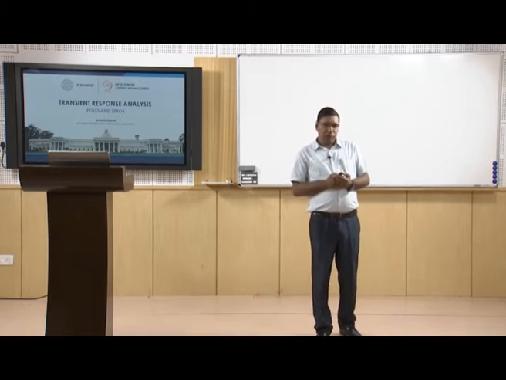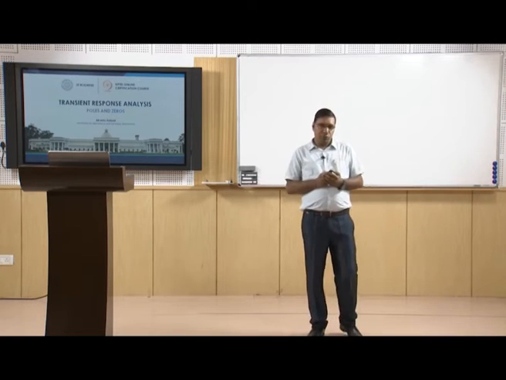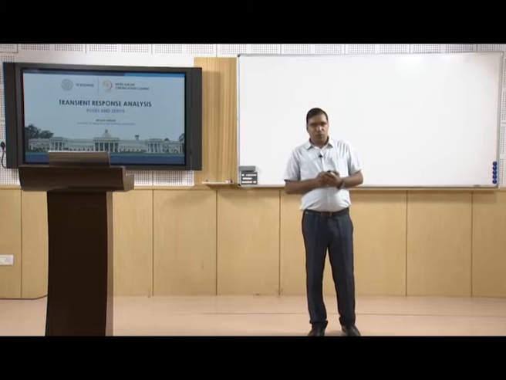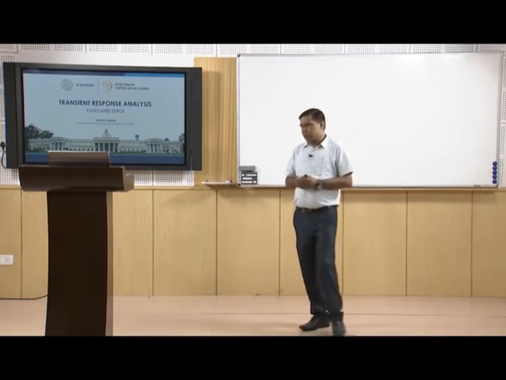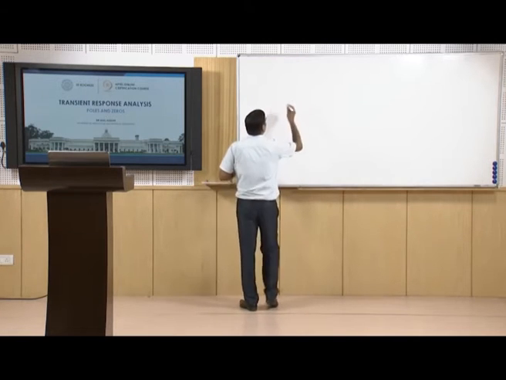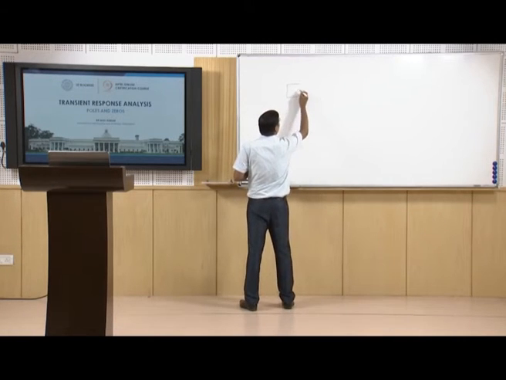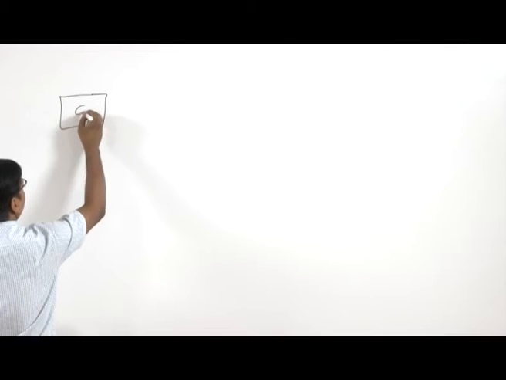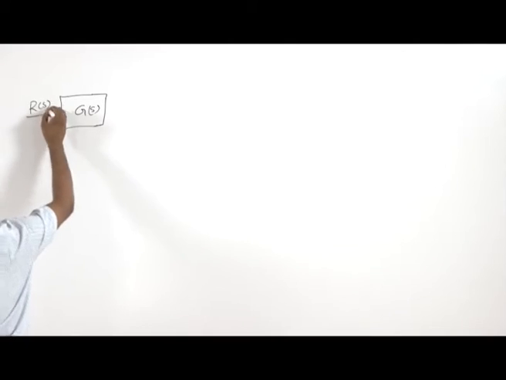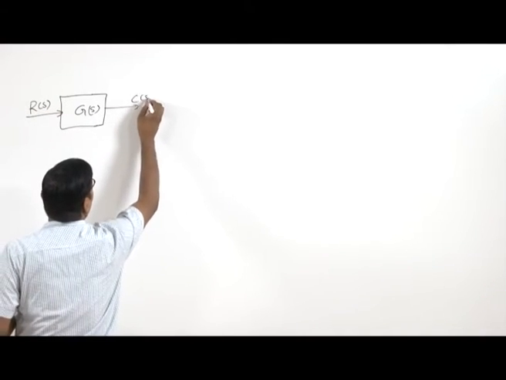So, let's define what is a pole and what is a zero. We have a transfer function G(s). It is subjected to some input and it is giving some output.